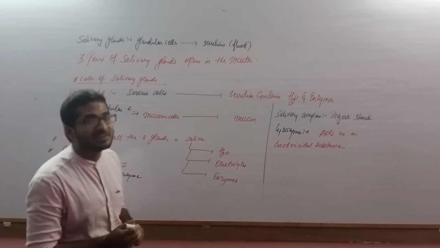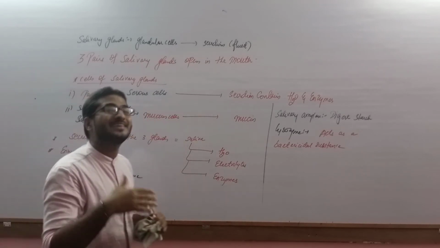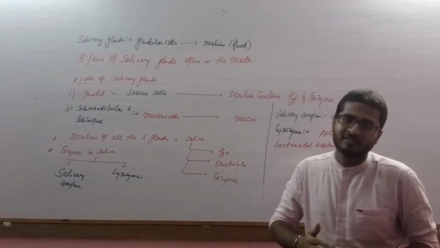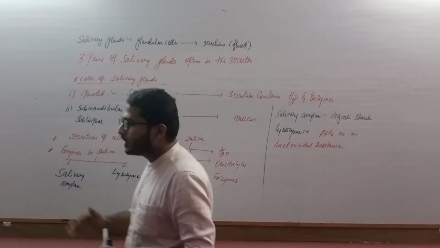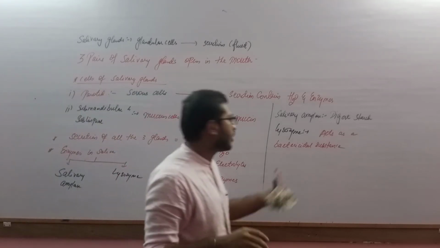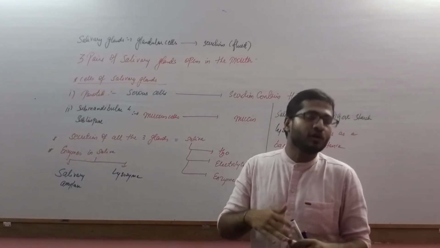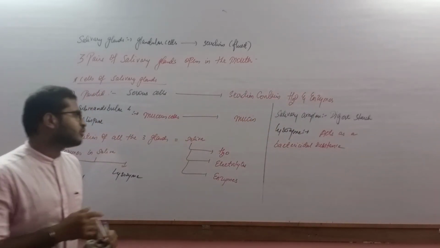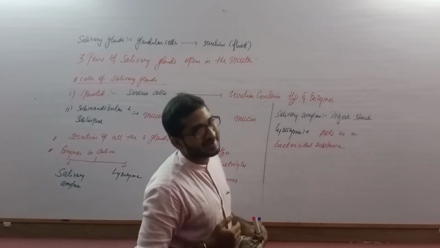What is the meaning of bactericidal substance? Bactericidal substances like lysozyme are those substances which have the capacity to stop bacterial infection. That means wherever these enzymes or bactericidal substances are present, they will not allow any bacterial infection to invade. Clear? So the role of lysozyme is to act as a bactericidal substance.